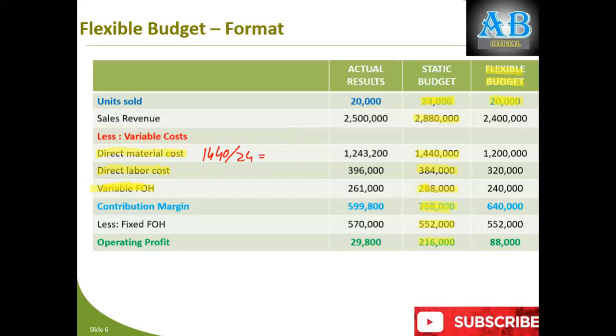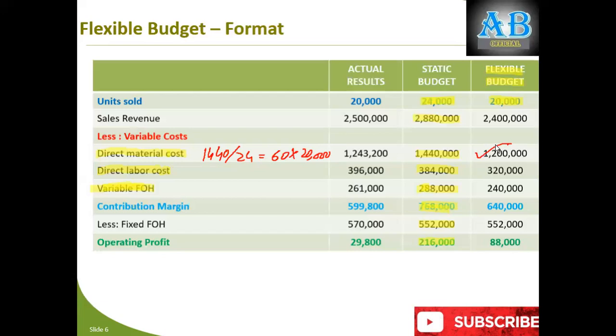So 1440 divided by 24 is equal to 60. So your direct material cost per unit is 60. We multiplied it with activity level of 20,000. So 60 times 20,000 equals 1.2 million.